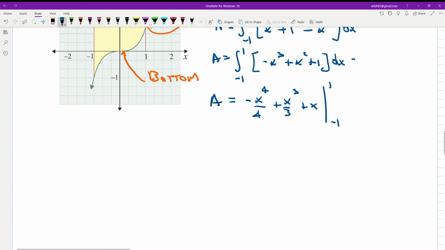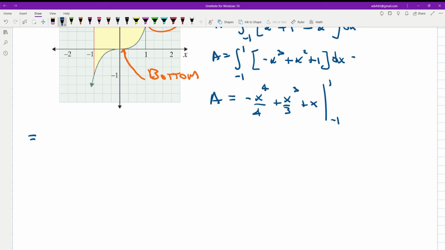So in this case, upper limit minus lower limit, so negative 1 to the fourth over 4 plus 1 cubed over 3 plus 1 minus the evaluation at the lower limit.